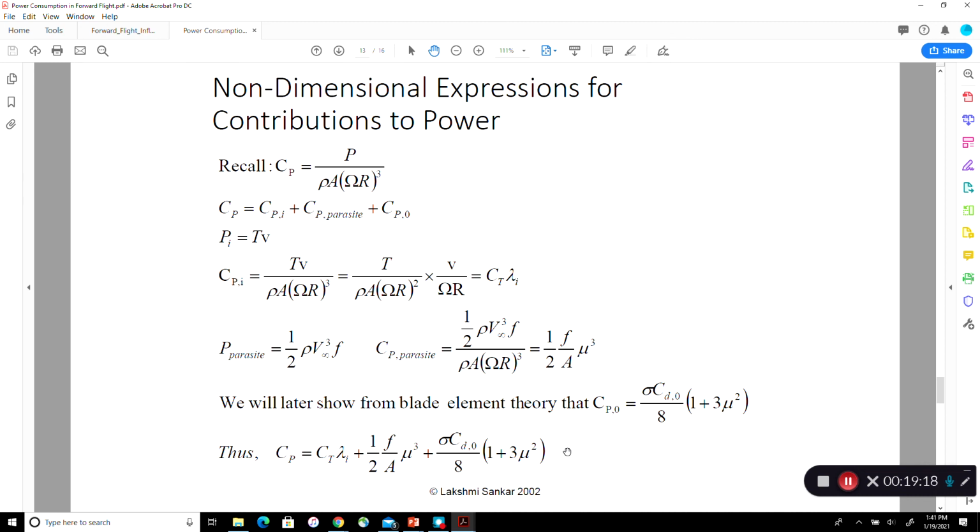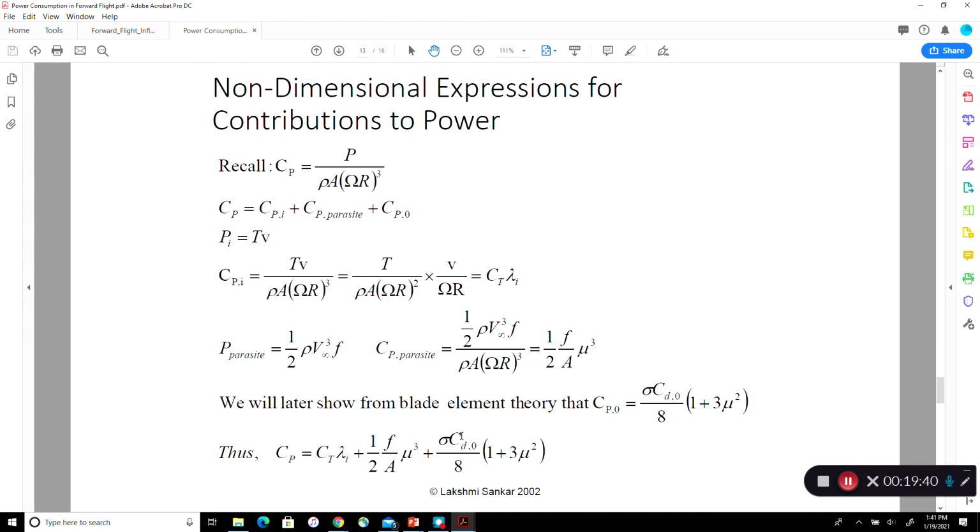All this power is being added to the airstream by the rotor. That's why we looked at what happened at the rotor disk, then we were able to develop this expression. This expression is approximate because it assumes the inflow is uniform. We know it's not uniform. It also assumed the CD naught is a constant. We know it's not a constant.